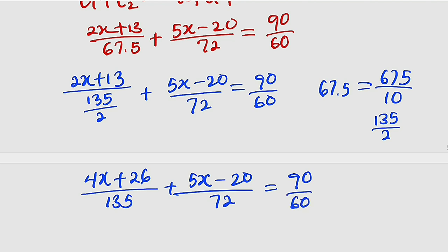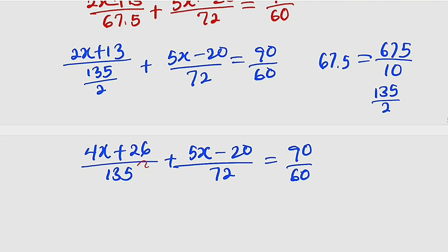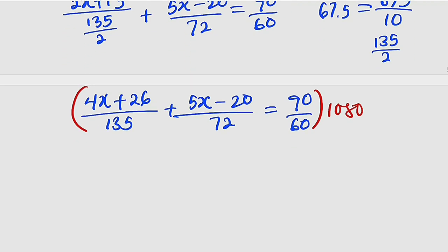Now I would like to clear the fractions by multiplying every single term by the LCM of these 3 numbers. And the LCM of these 3 numbers is 1080. So we are going to multiply whole through by 1080. 135 can go into 1080 exactly 8 times.